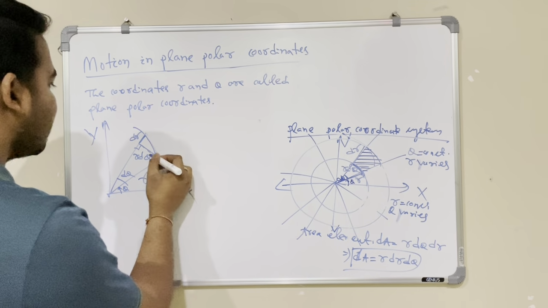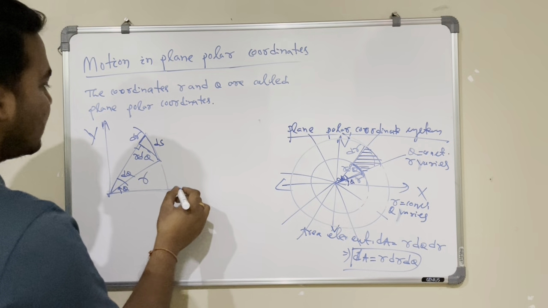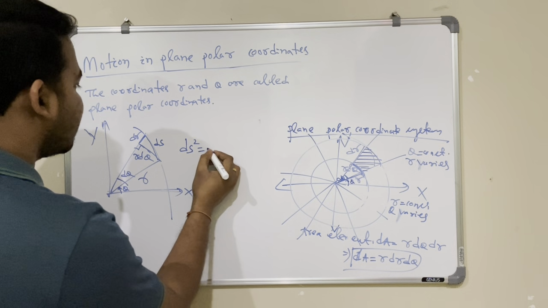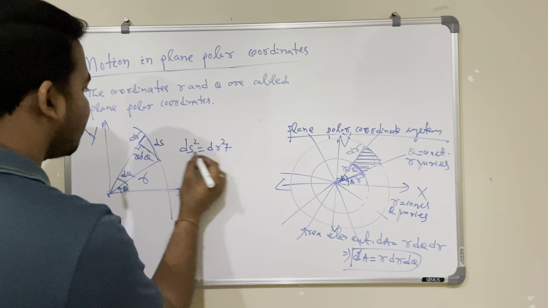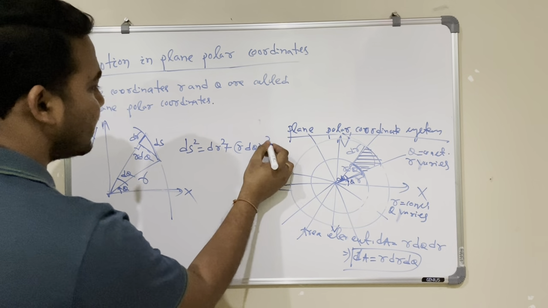So for this arc length, let's say this is ds, then you can write ds square is dr square plus (r d theta) square.